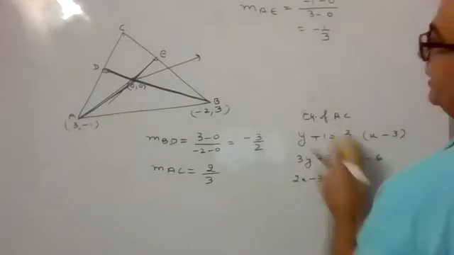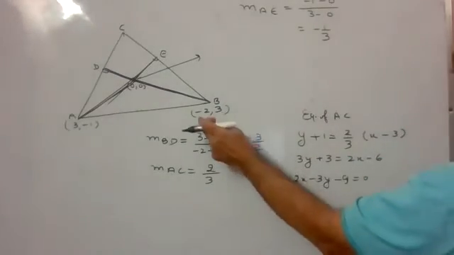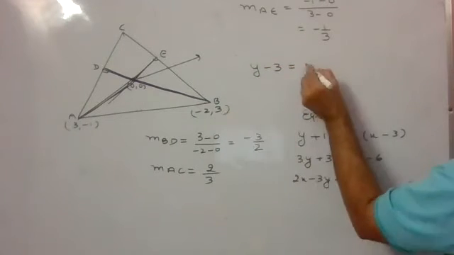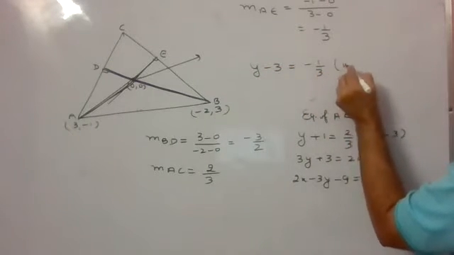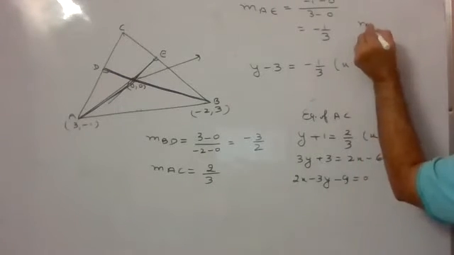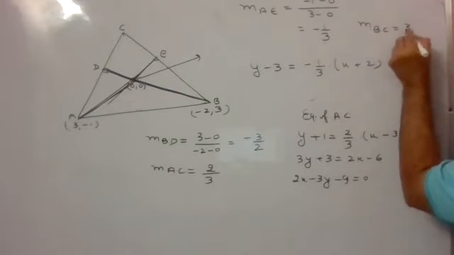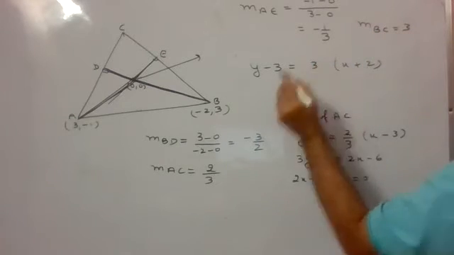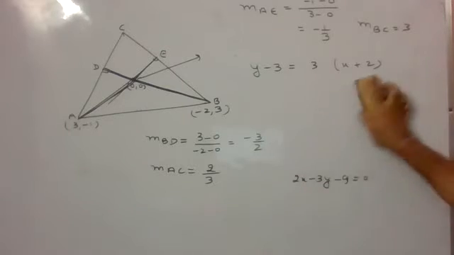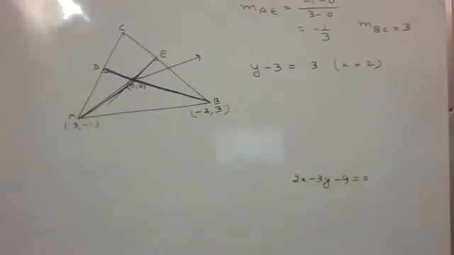And here we want the equation of this line. The point is here, so we will say y minus y1, 3. (x plus 2). The slope of AE is -1 by 3, so the slope of BC will be 3, right? Okay, slope of BC is to be found, so this slope will be 3. So 3 will be written here. Absolutely right.